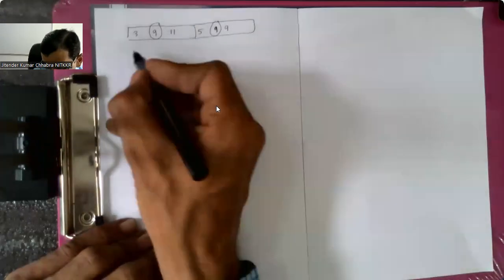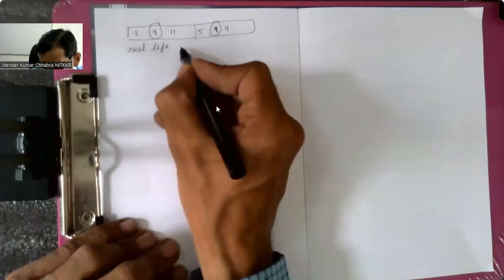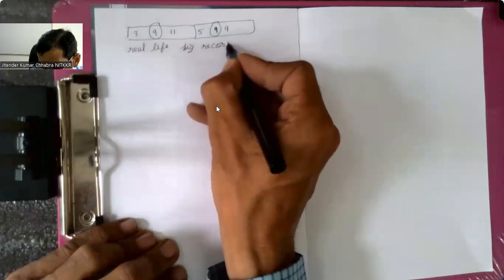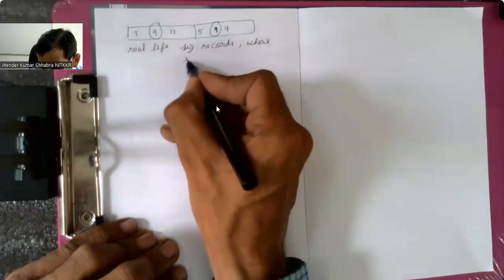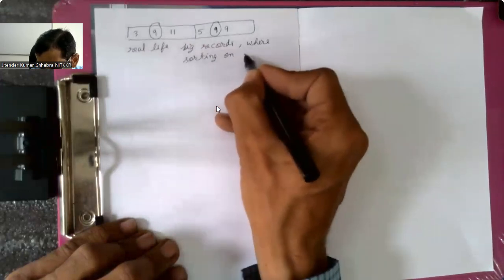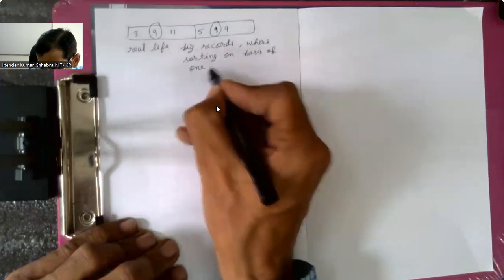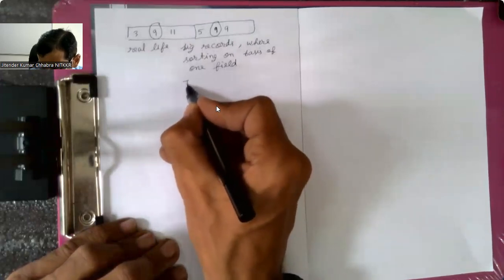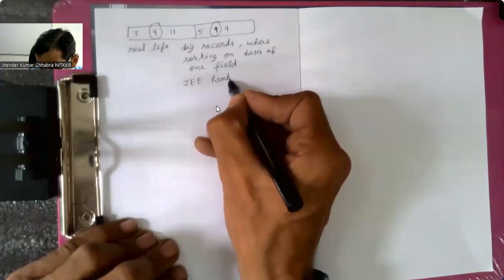But in real life, you will have big records where sorting will be done on one field. For example, say JEE rank preparation.